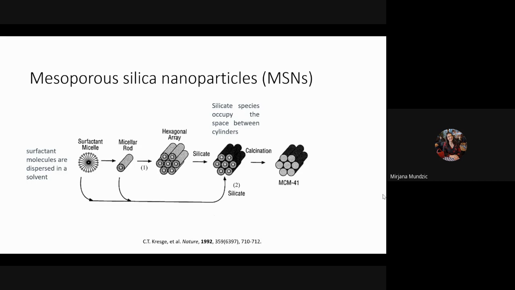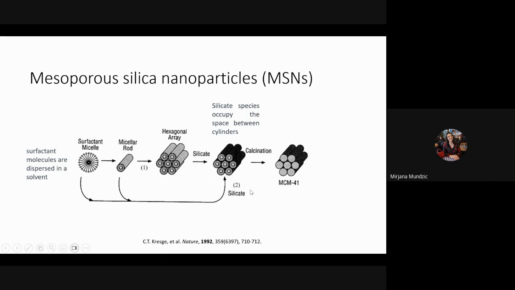Then they form micellar rods in a hexagonal array, and after the addition of silicate, or precursor as we call it, silicate species occupy the space between the cylinders, and in that way we have the structure shown in this part of the picture.